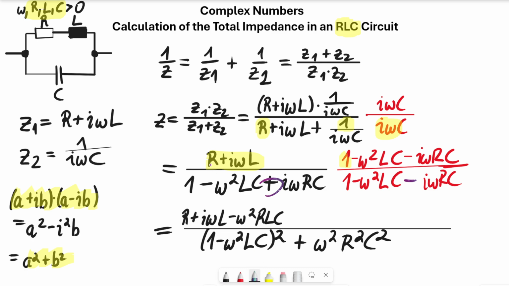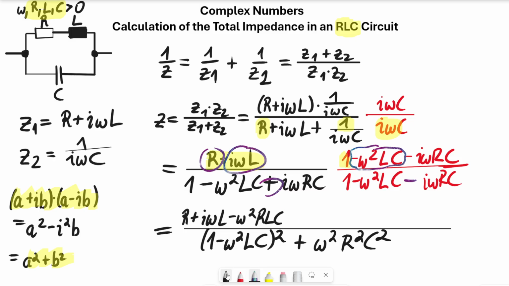So what I did here is minus omega squared, this one, times the R. And now you do the same with this one, not to forget it.